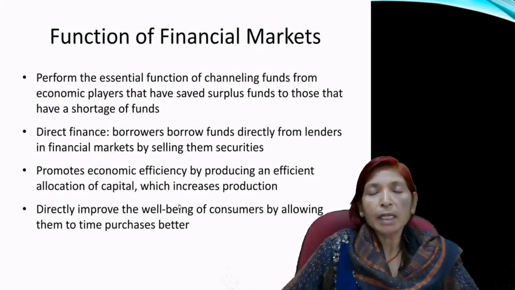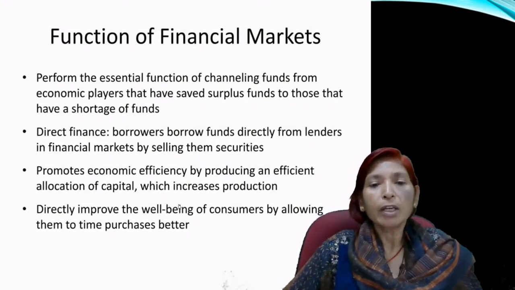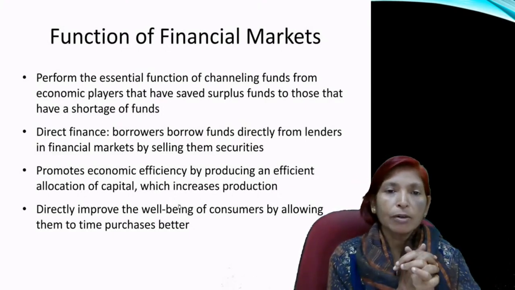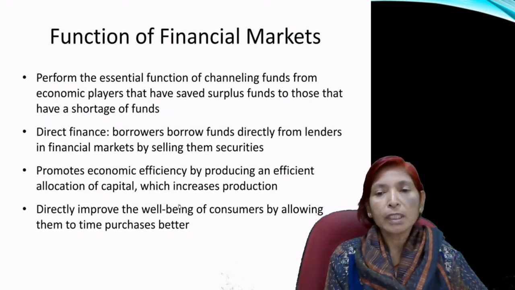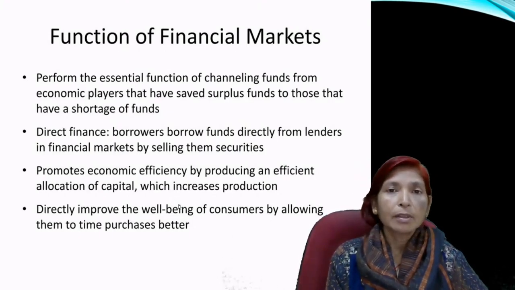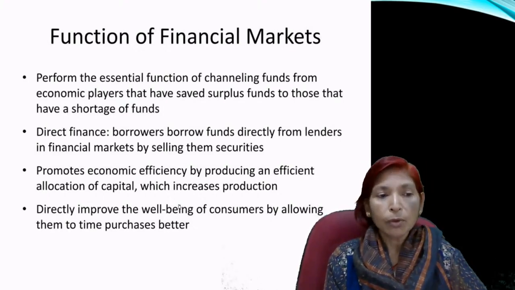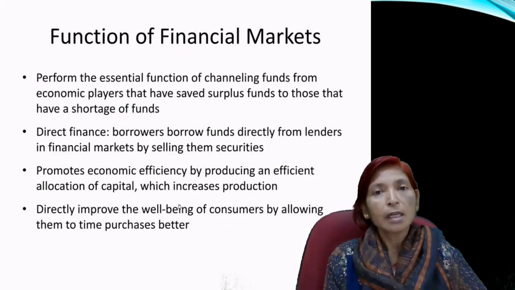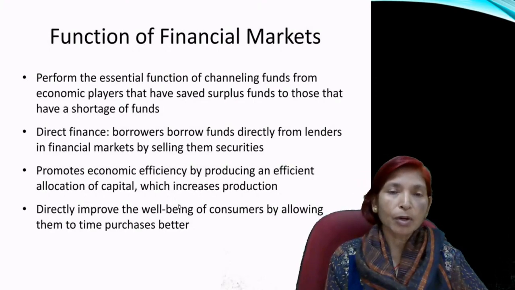So financial market plays a very important role between surplus of funds and shortage of funds. Financial market provides surplus funds to those persons who have shortage of funds. Financial market plays a very important role to increase economic efficiency by producing an efficient allocation of capital, which increases the production level.